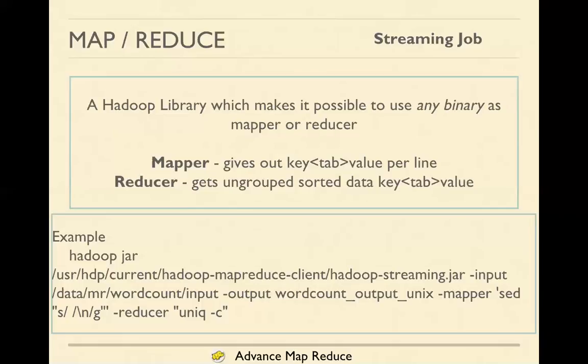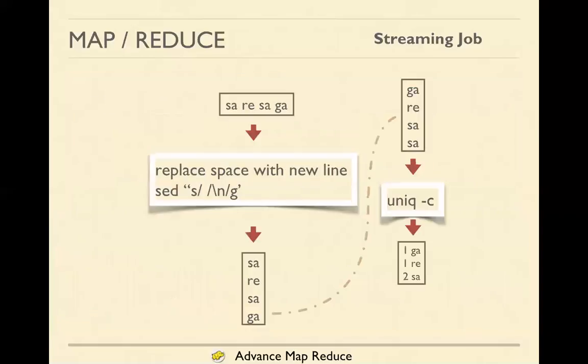All right, so we are using the sed command. What the sed command does is, whatever input line it is given, it converts that into this. We have tested it already. If we say echo, sa, re, saga, and pipe to sed, substituting space with newline, we will get this.